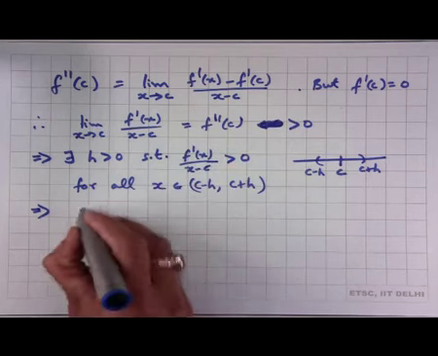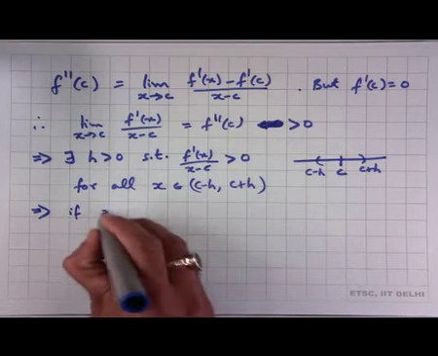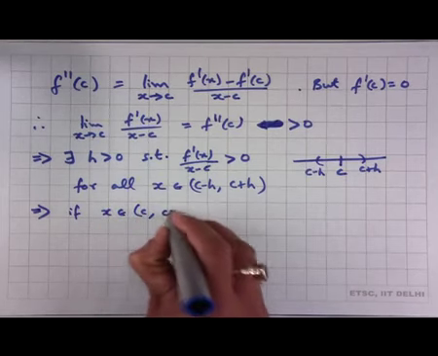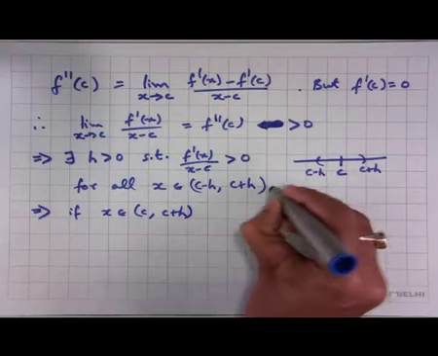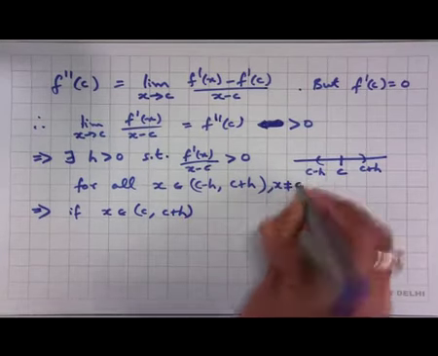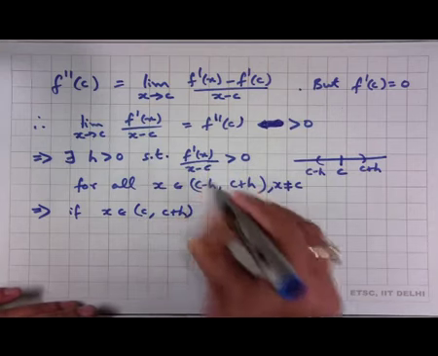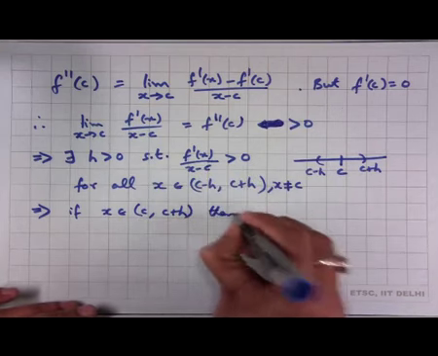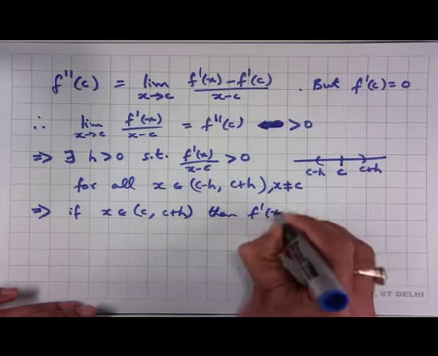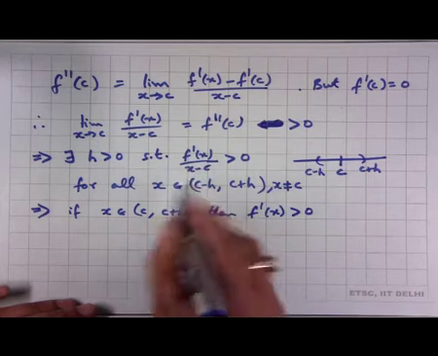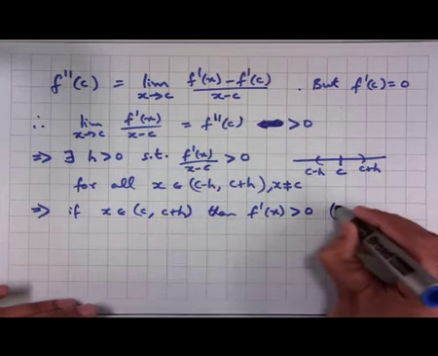This implies that if x belongs to c to c plus h, then f prime x must be positive. This is because the denominator is positive in this case.